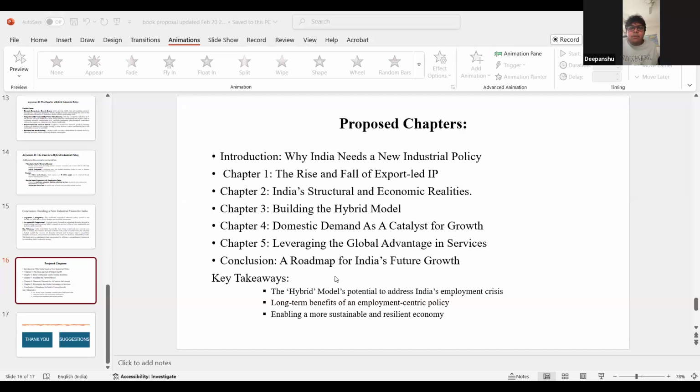You might as well want to highlight here, instead of giving too much background context, a scenario mapping of where India stands today, where it positions itself today, what challenges it has. I think that would help us understand the hybrid model that we are talking about. So for chapter 3, I don't think you need to talk about the hybrid model.